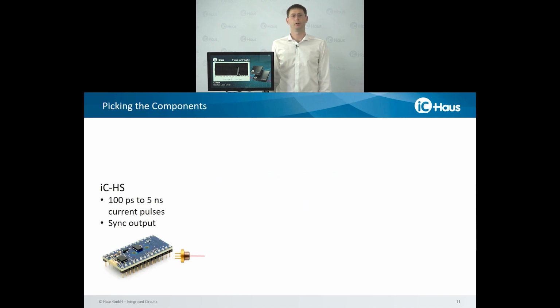And as Uwe already introduced, the iC-HS is capable of being our laser source with very short pulses and the synchronization output to trigger the starting point of our stopwatch. So what we also need is something that can trigger the stop point in time of our stopwatch. And for this, the obvious possibilities are single photon avalanche diodes or very fast conventional photodiodes.